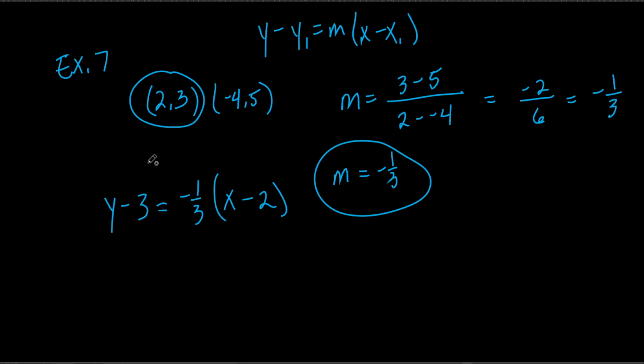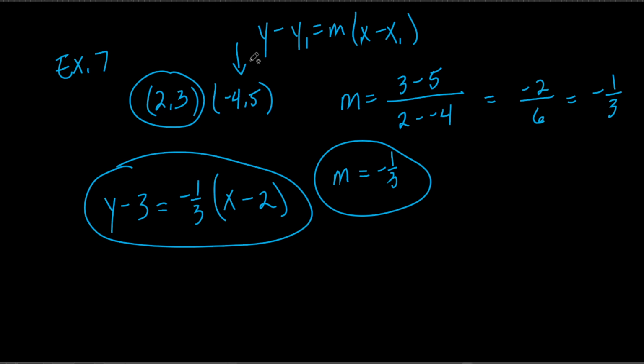So if they ask you to write an equation of a line in point-slope form, that would be acceptable. But guess what? You don't just have to use this point. You could also what? Use the other point. And it looks like your answer is completely different, but it's really the same exact line. So let's do that. Let's use the other point.